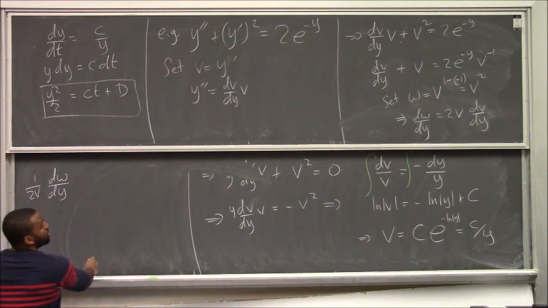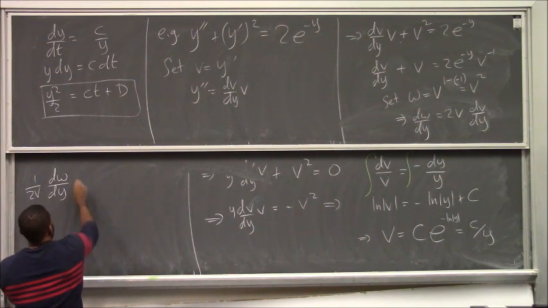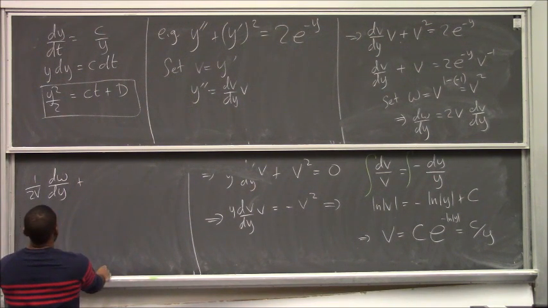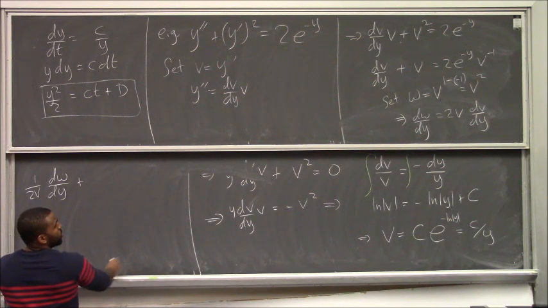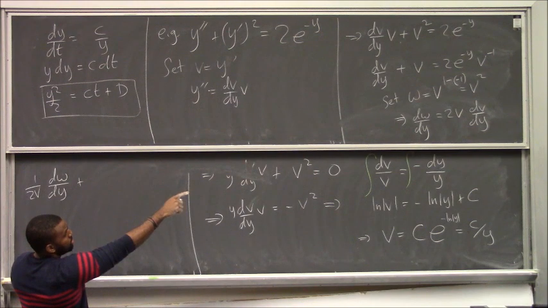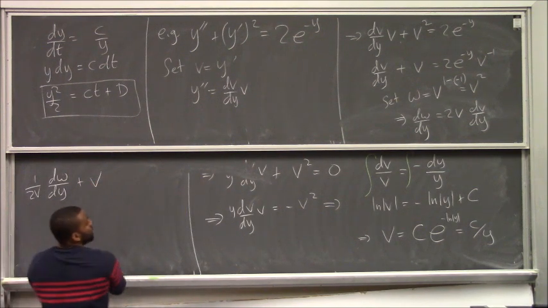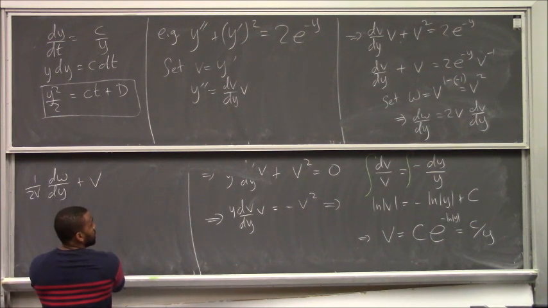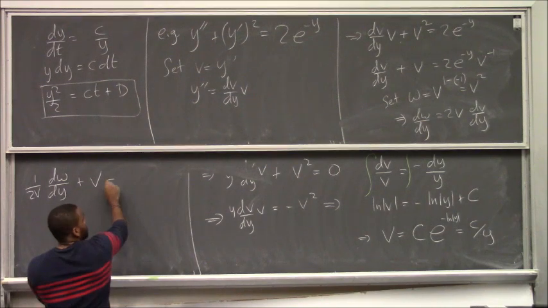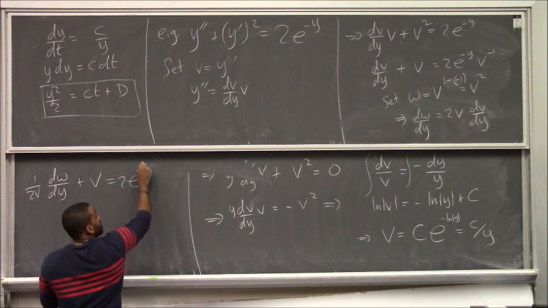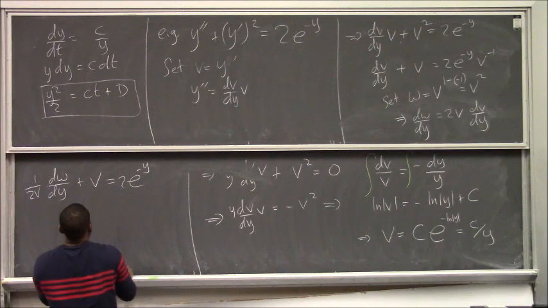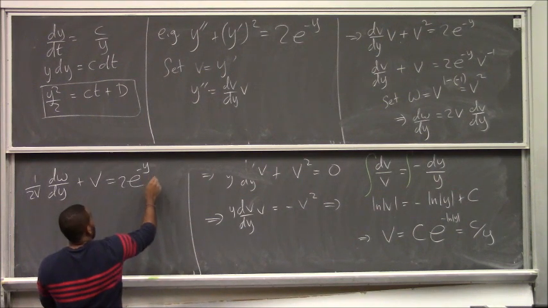And then we have what? v squared is w, right? Then we have what? w? Yes, but we also have a v, right? Oh, right, sorry. And then what? 2e to the negative y times 1 over v.